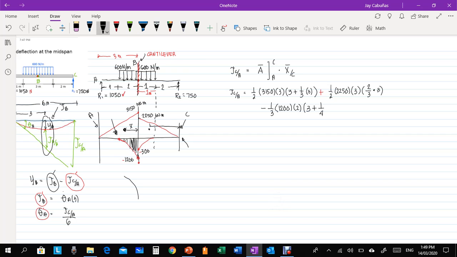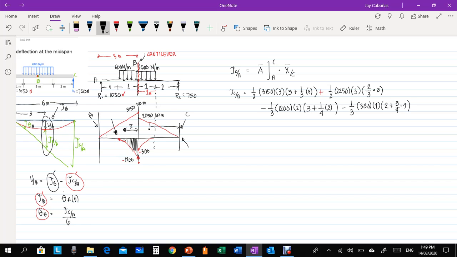Okay, we will separate this drawing. Again, from this to this, that is 1/4 of the base, right? That is 1/4 times the base. So times 3 plus 1/4 of 2, minus 1/3 of 300 times 1 times the centroid, that is 2 plus 1, it is no longer 1/4, right? It is 3/4 now, 3/4 of 1.